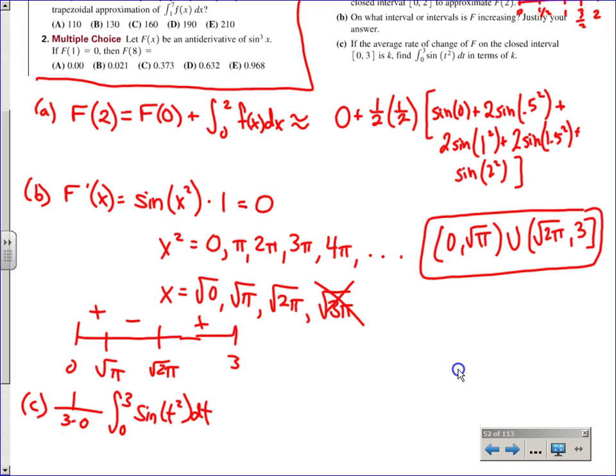Ooh. If... Who's K? Use the MVT for integrals. Oh my god. Hey, smarty pants, who's K? Constant. Yeah. But what does the problem say K is? In terms of K. Oh, it's our little x.